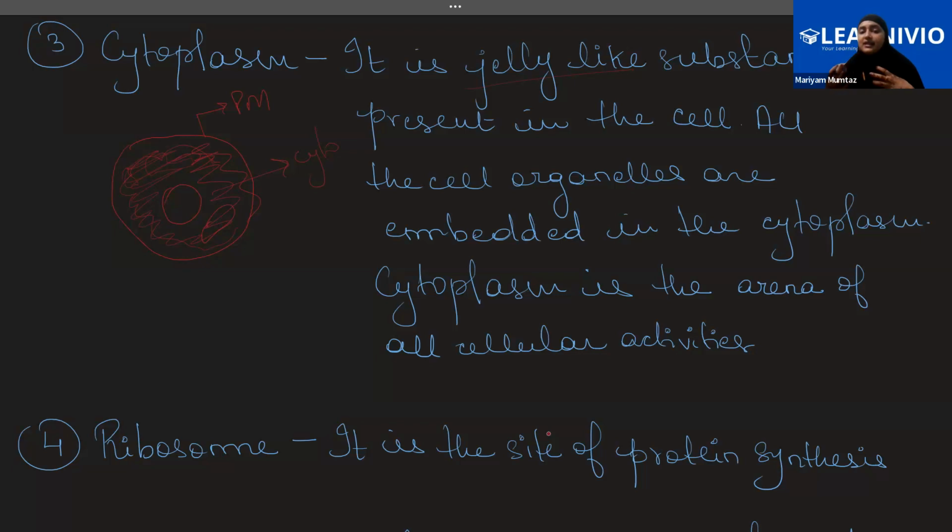It is the arena, just like how there is an arena for boxing. In that arena only boxing happens, nowhere outside. Same thing happens here also. All the cellular activities happen in this arena, that is the cytoplasm. Is it clear? Yeah, it is.